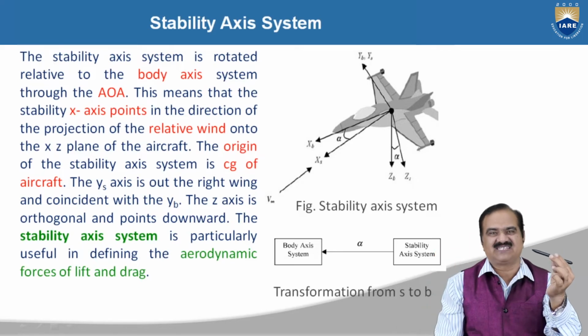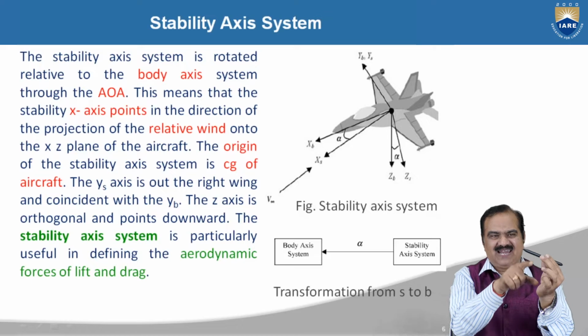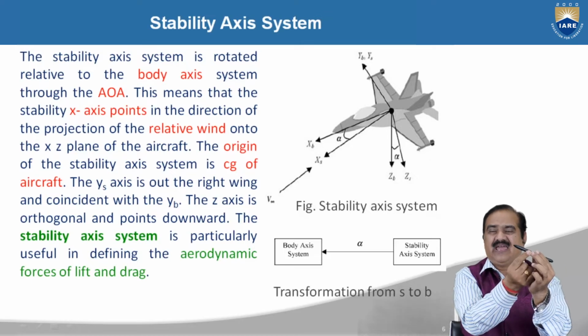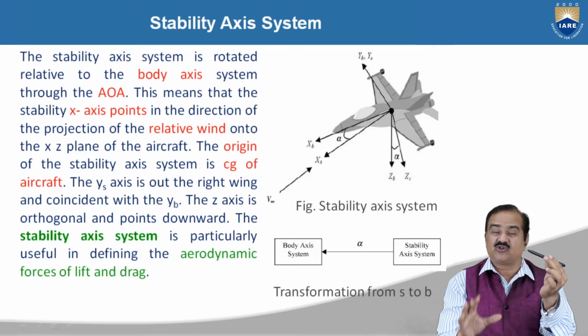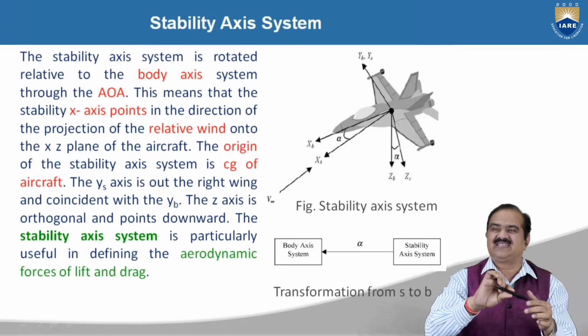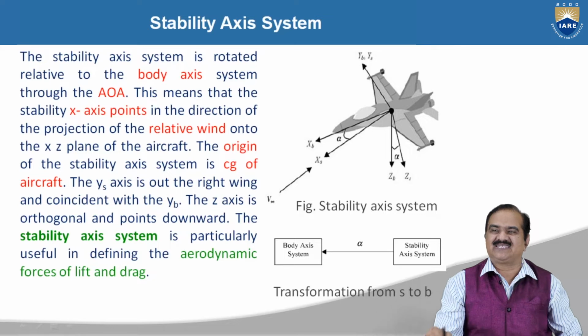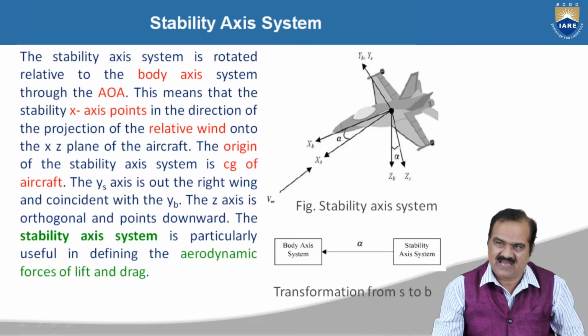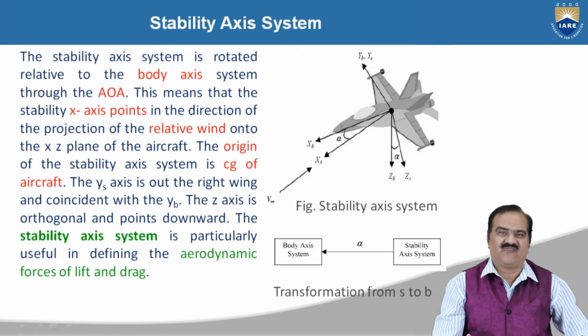S stands for the stability axis. What is the angle it is turned? It is also called the angle of attack. However much the angle of attack changes, that change will also be felt in the vertical component, that is ZB. ZB will also move to one side by the alpha angle of attack.